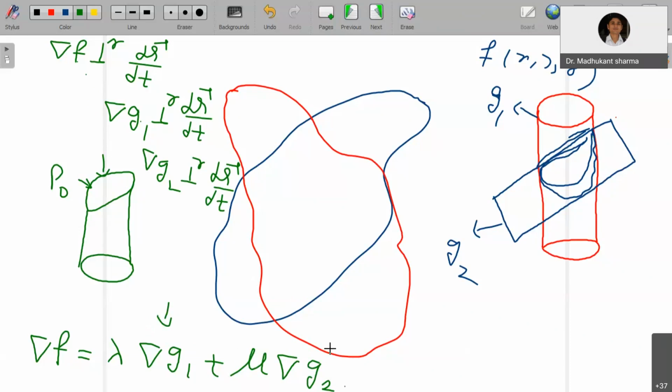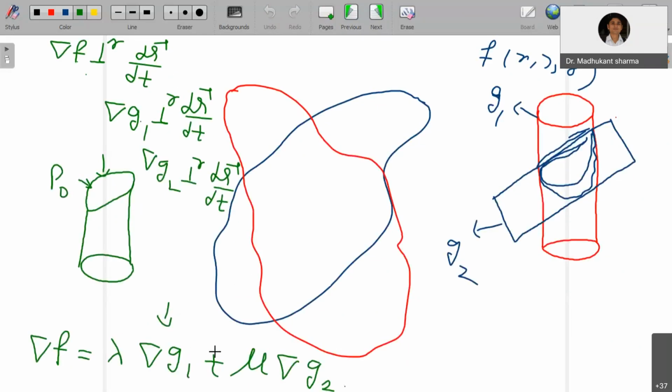So the method of Lagrange multipliers with two constraints says that grad F equals lambda grad G1 plus mu times grad G2, and you have G1 equals 0 and G2 equals 0. So you have to find x, y, z, lambda, mu, five things, subject to these three conditions, and that will be solvable. So let's take one example here.